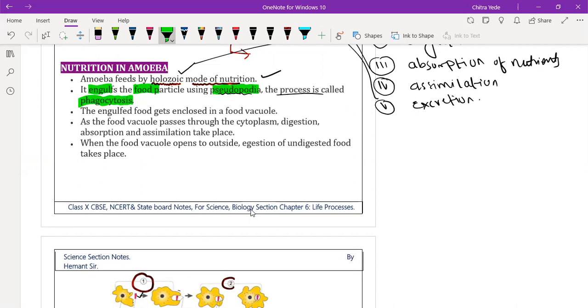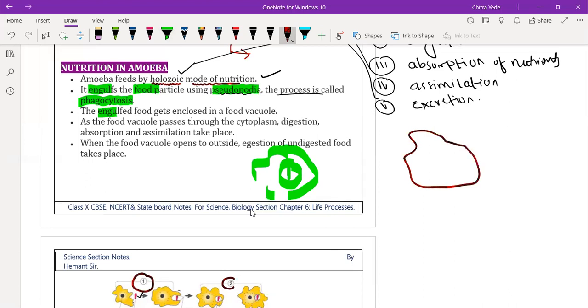Next, the engulfed food gets enclosed in the food vacuole. That food is enclosed in a vacuole inside the body of amoeba. Then, as the food vacuole passes through the cytoplasm, digestion, absorption, and assimilation take place. Suppose this is the body, this is a cell of amoeba.